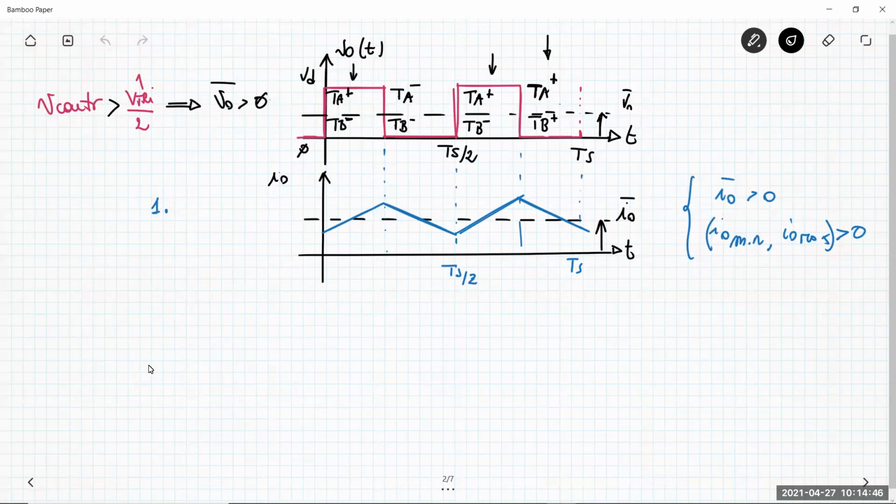with a circuit having a DC value, an average value, V naught average, and V naught instantaneous value. Then you can have L, R, and the back EMF.